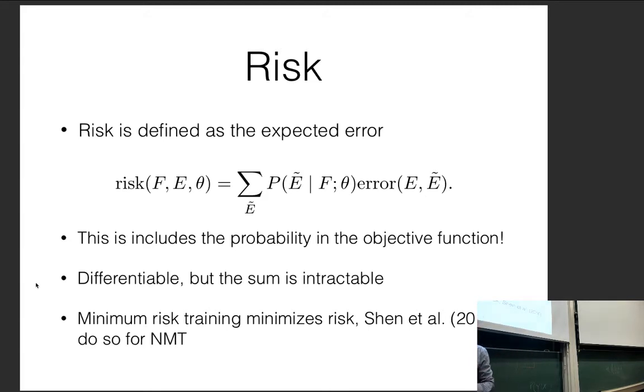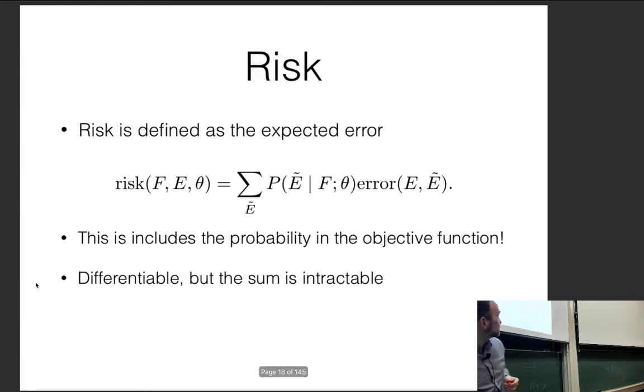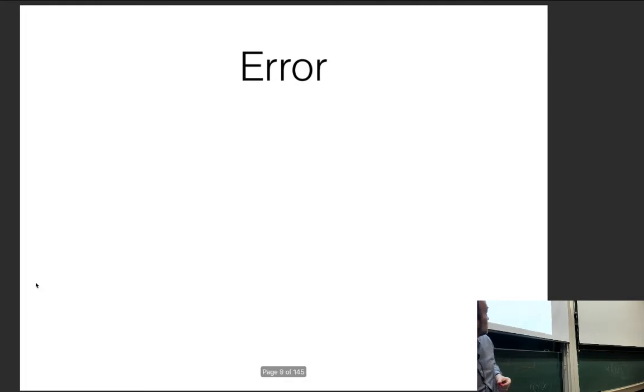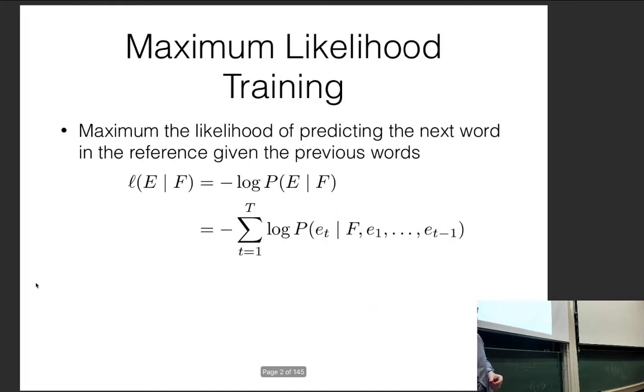So if you think about what log likelihood does, it's also similar, right? Log likelihood is trying to maximize the probability of E itself, or minimize the negative log probability of E itself, and minimize the probability of everything else.